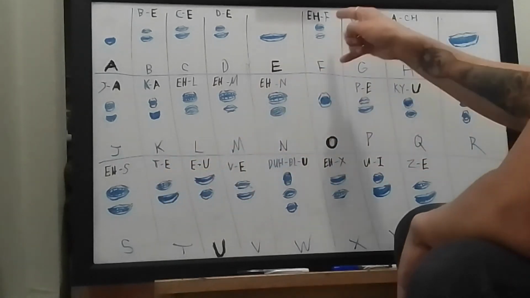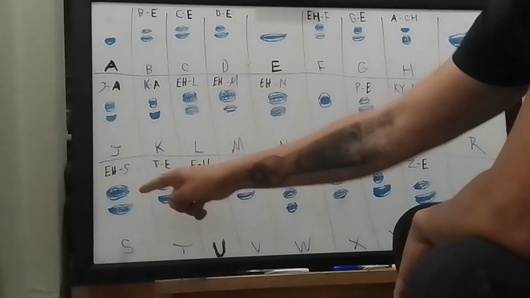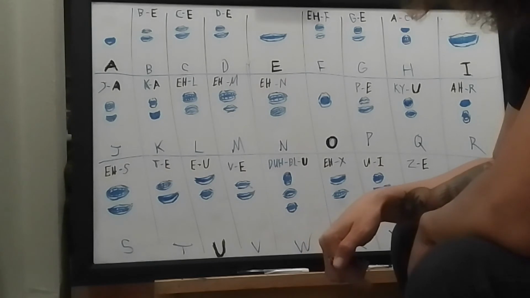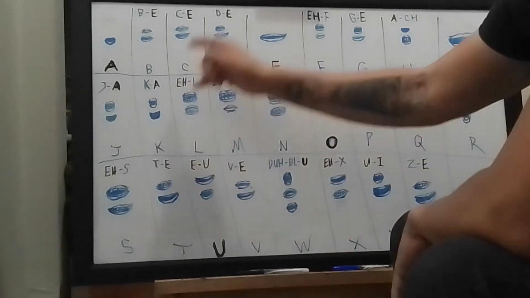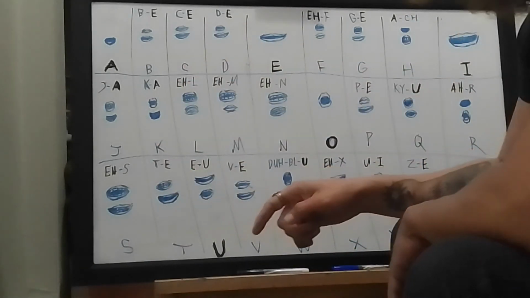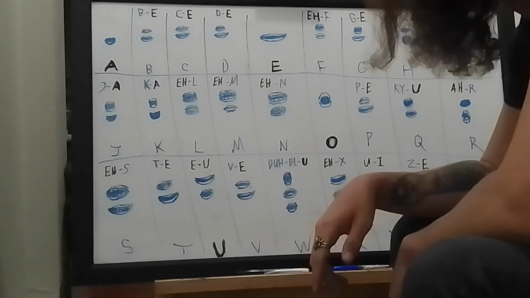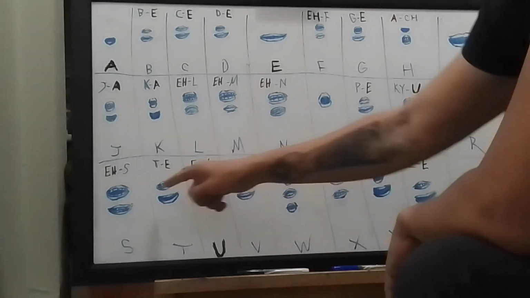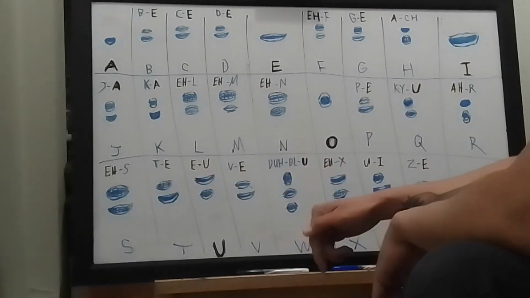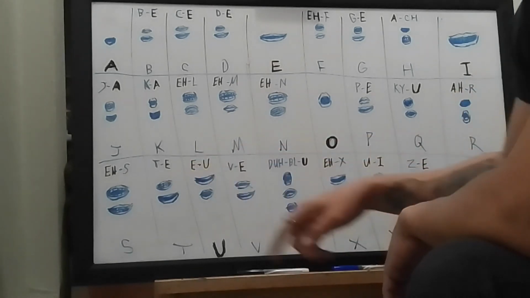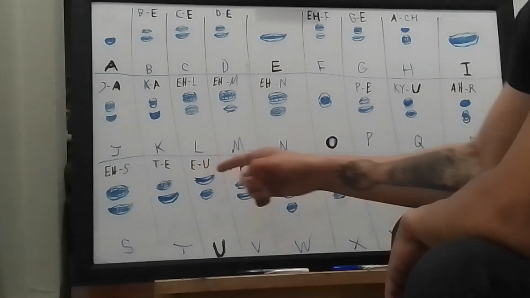Then S. Again with the S. Like this. T. So teeth compacted.